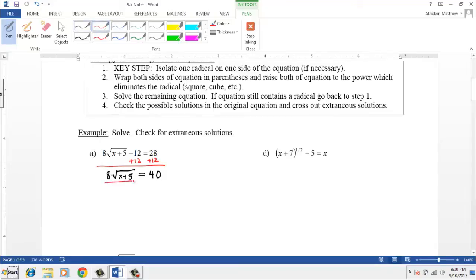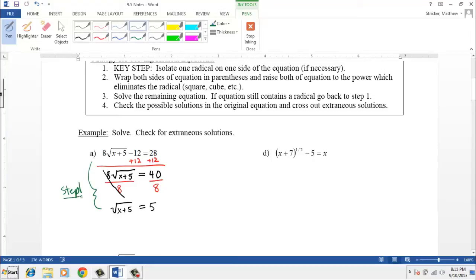We would need to divide both sides by 8. And so when we divide both sides by 8, the 8's cancel over here, so we have the square root of x plus 5, and of course 40 divided by 8 is 5. And so now we have the radical isolated. Everything up to this step is step 1.